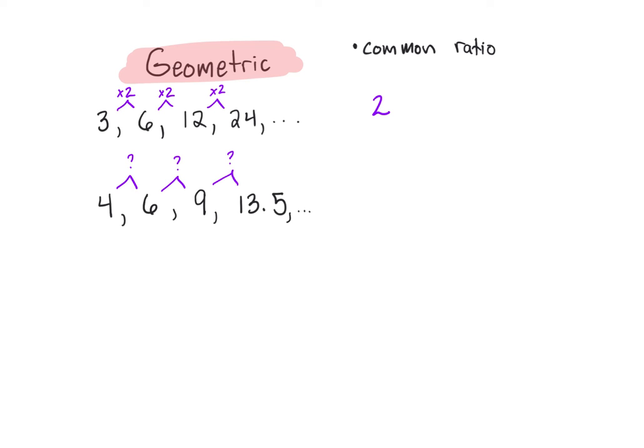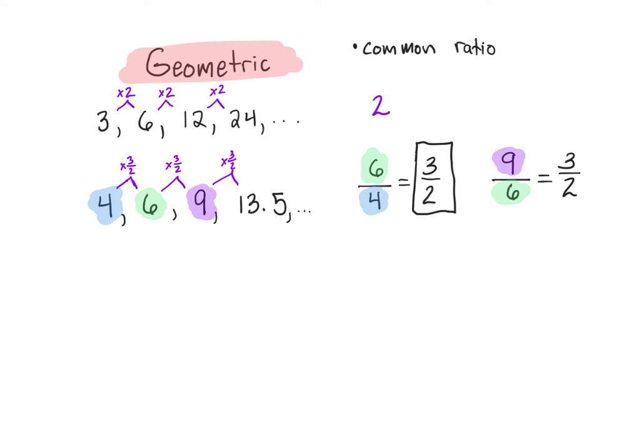So I'm going to take the second term and divide it by the first term, and I get 3/2. To double check, I can take the third term and divide it by the second term, and once again, I get 3/2. So the common ratio for this geometric sequence is 3/2.